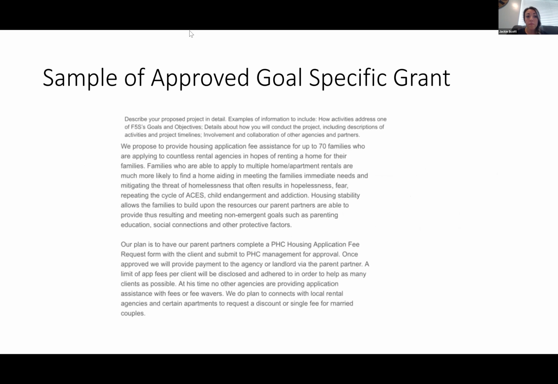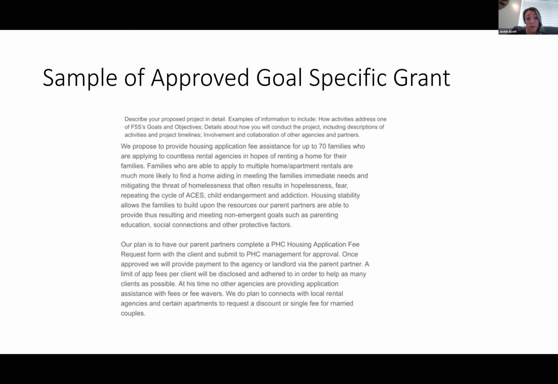Pretty solid. And then we look at the actual questions on the goal-specific grant. We're asking how activities address our goals, details about how they're going to conduct the project, and descriptions of the activities, timelines, and collaboration with other agencies and partners. They identify that they're going to provide housing application fee assistance for 70 families.